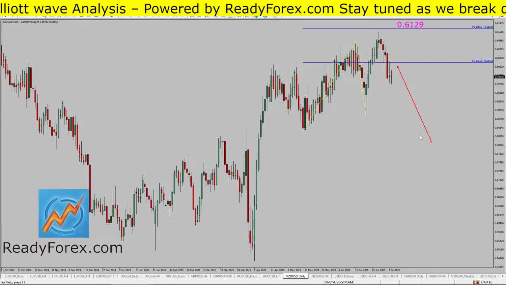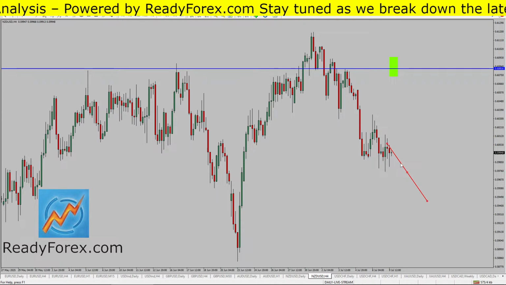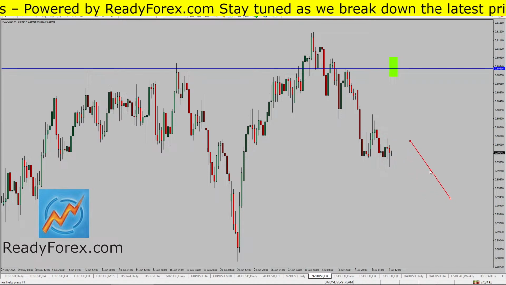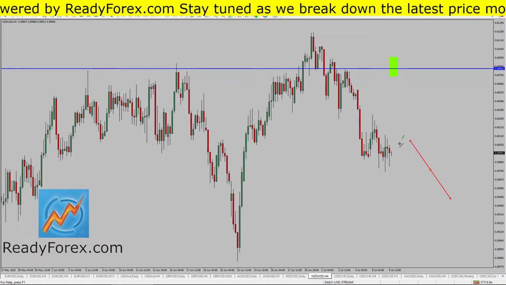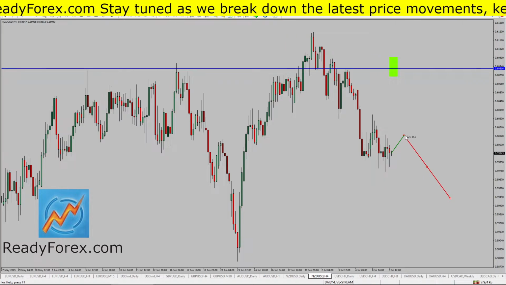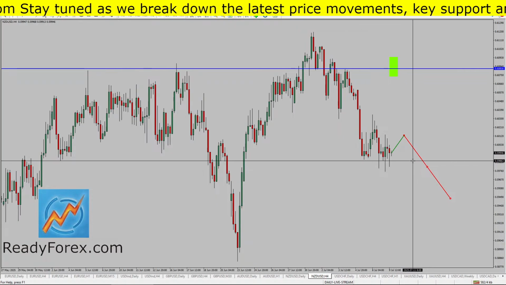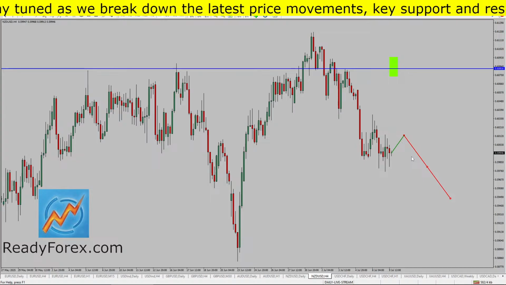This is what we are probably going to get. In the 4 hour time frame, we're getting sideways price action. I expect a short term pullback, and then the market is probably going to break even lower inside the NZDUSD currency pair.